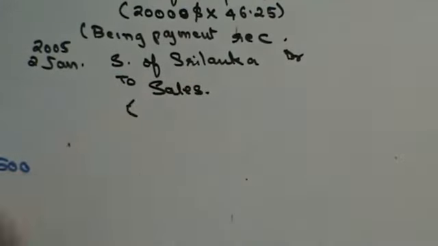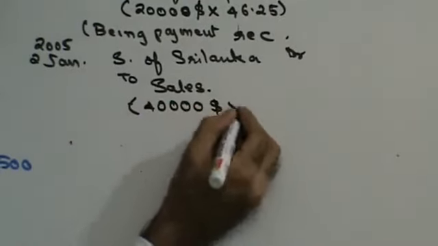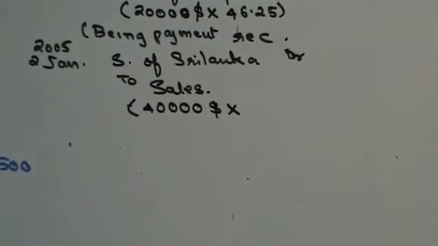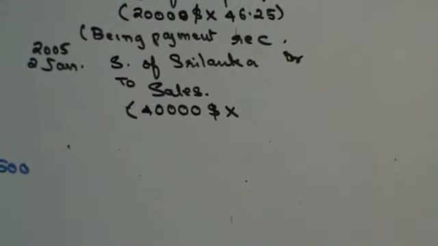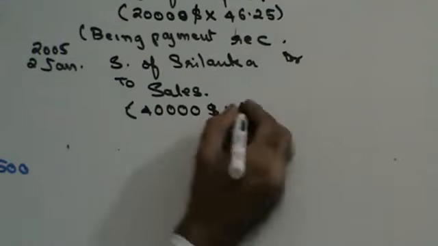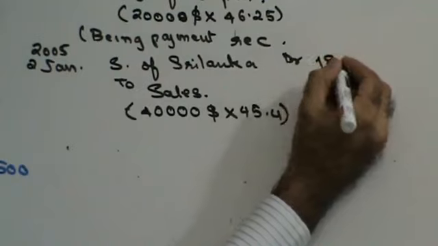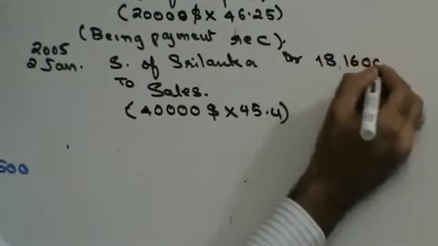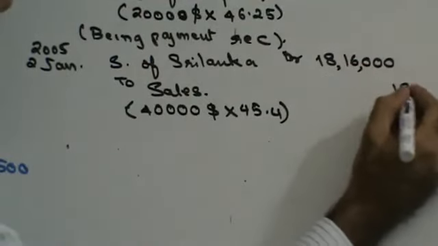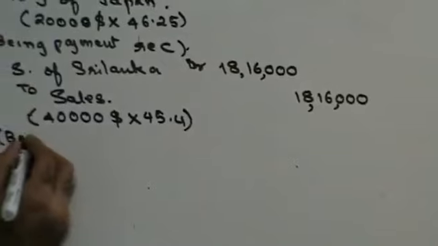You exported goods of $40,000 at the rate of 45.4. Someone give me this amount, please. 18 lakh 16,000, being goods sold.